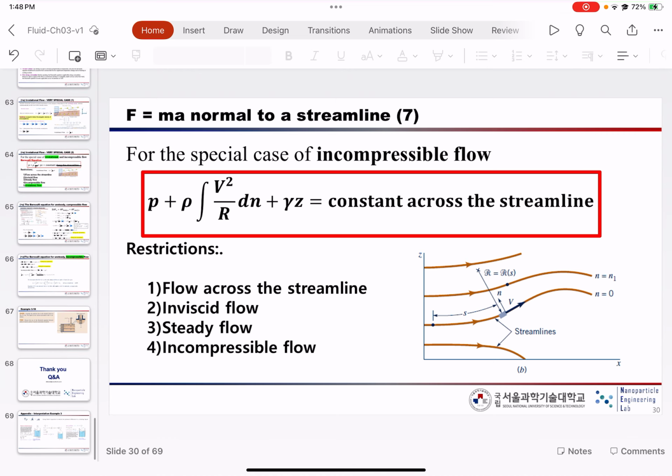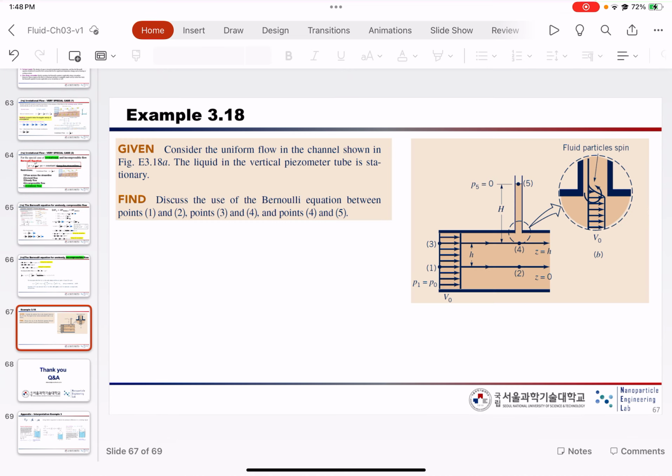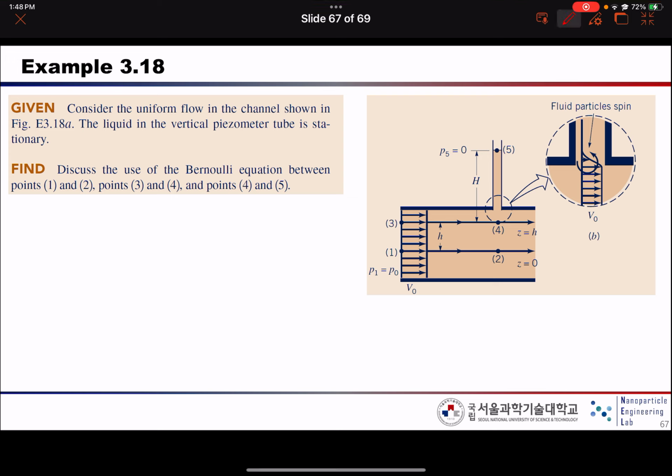Because dp/dn plus gamma dz/dn equals zero, right?